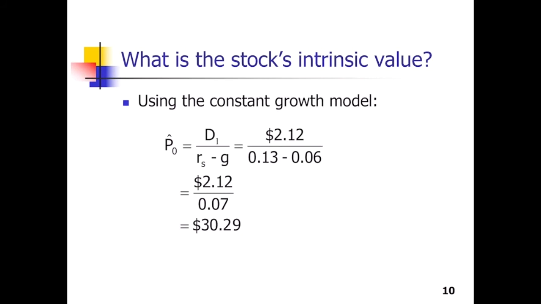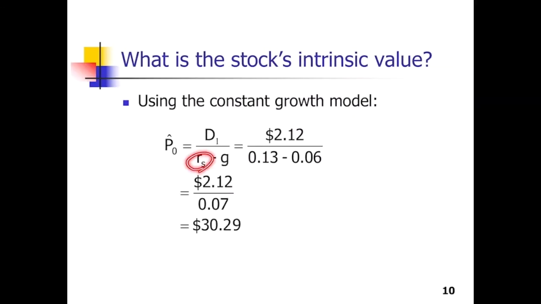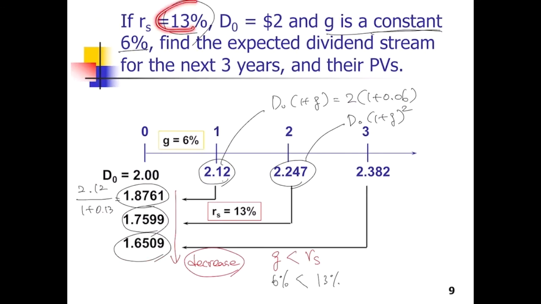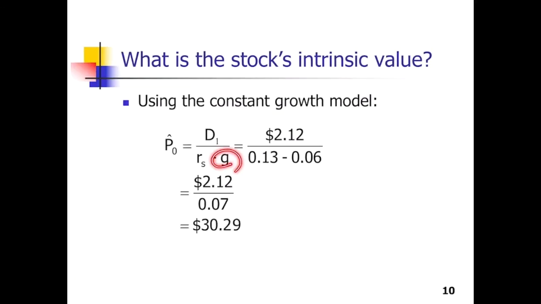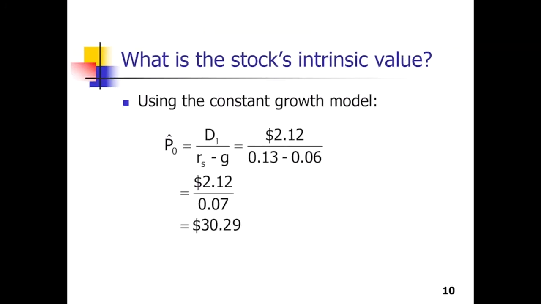Using the constant growth model, we can input the numbers, right? D1 is here, and Rs is here. And g is here, right? g is constant 6%. So when you input the numbers, you get 13.29. That is P0 hat. What does P0 hat mean?